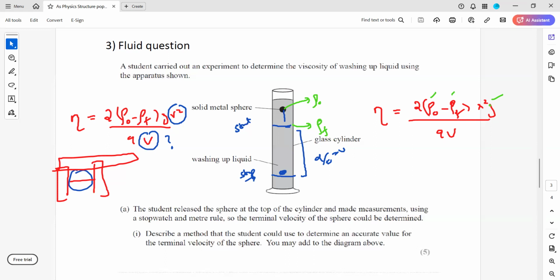When the sphere crosses the first marker, we start the timer, and when it reaches the second marker, we stop the timer. We measure the distance between the two markers, and distance divided by time gives the terminal velocity. We can repeat this experiment with different sizes of spheres and take an average. Is it clear?